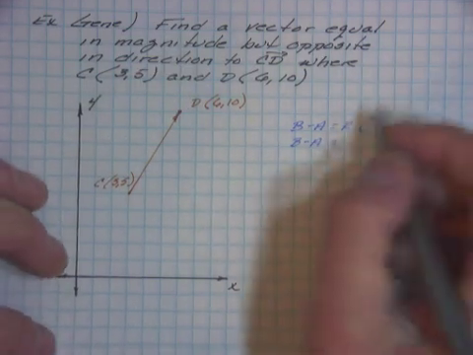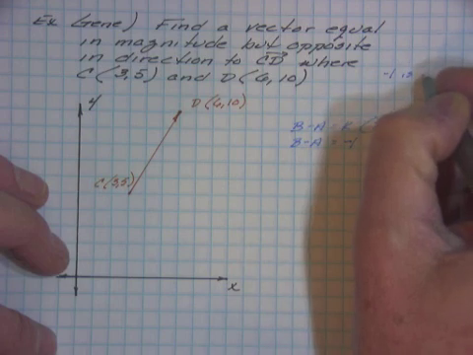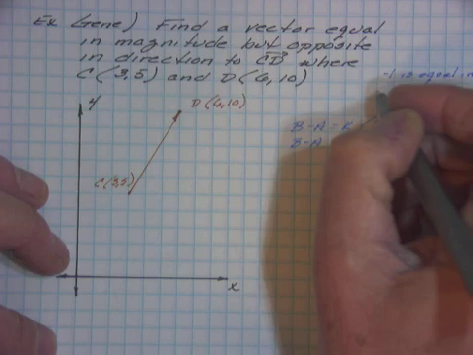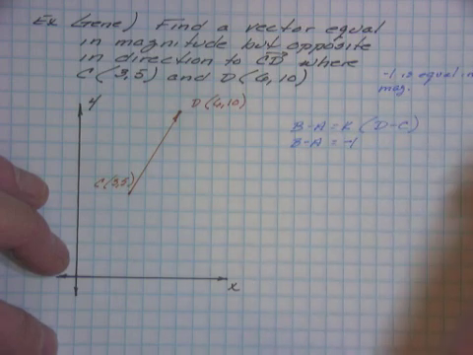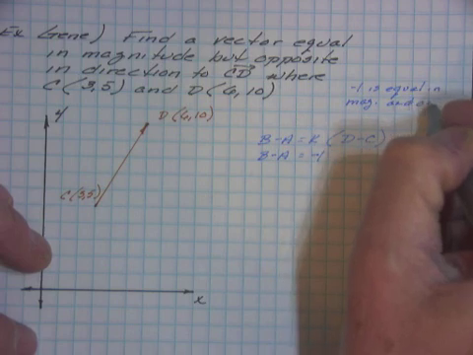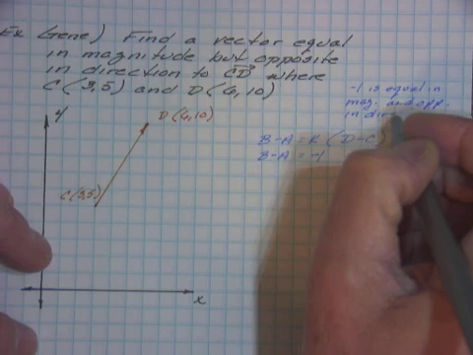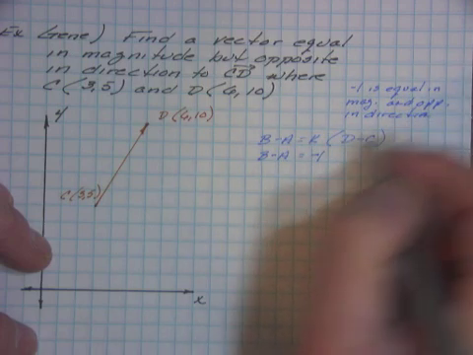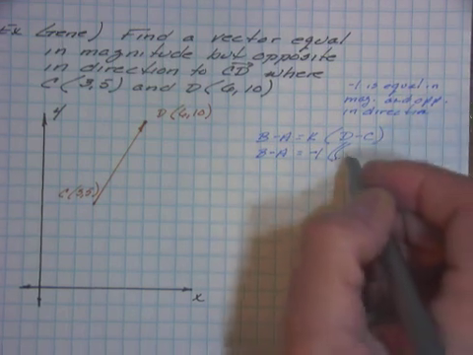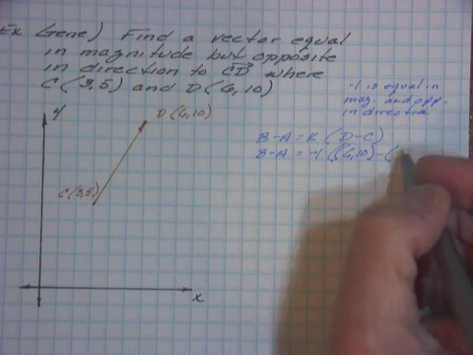equals K. Well, K is going to be -1 because it needs to be opposite in direction but equal in magnitude. So -1, equal in magnitude, I'm just going to abbreviate that mag, and opposite, OPP, in direction. Okay, anyway.